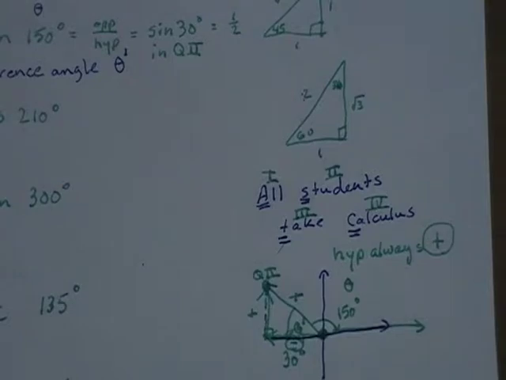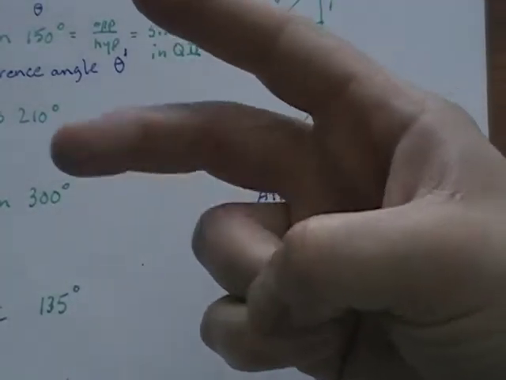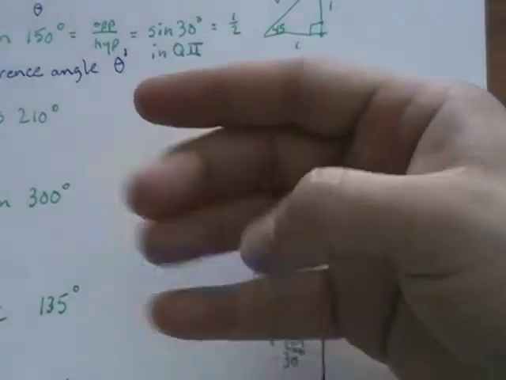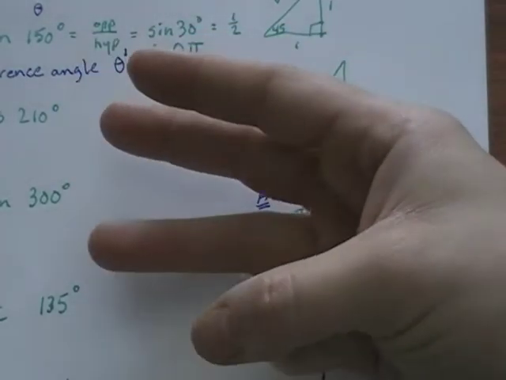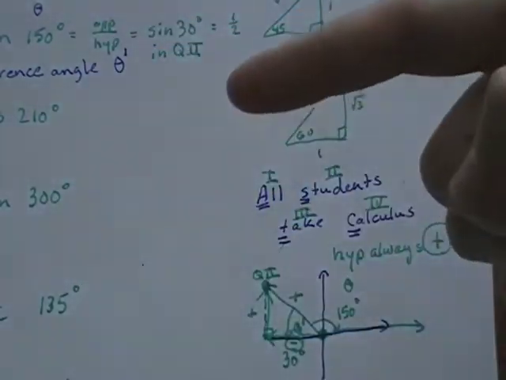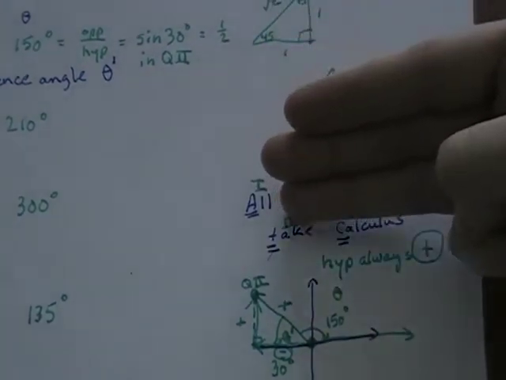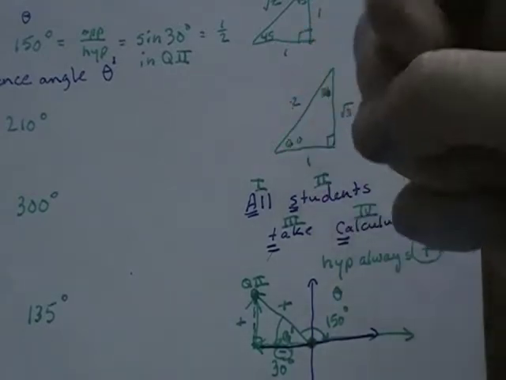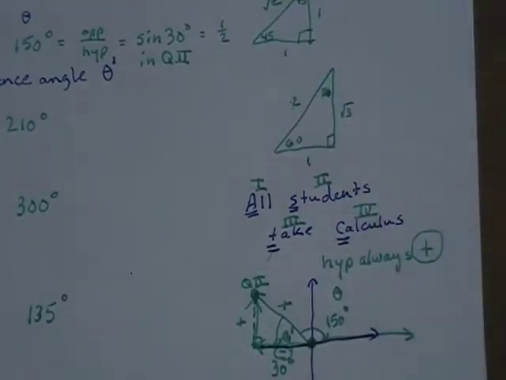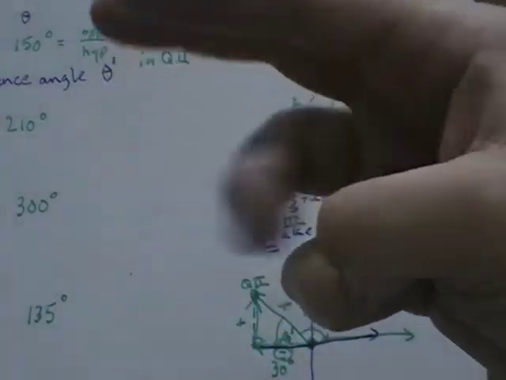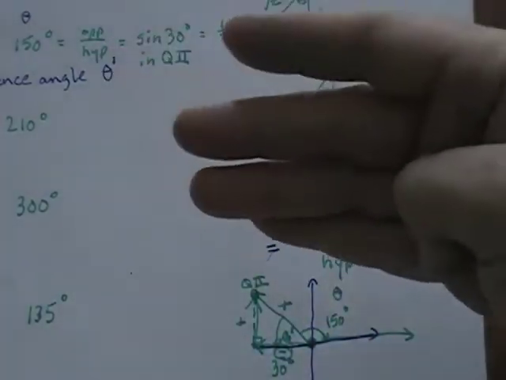And I always tell my students, when you're saying this, you need to hold your hand out and say, all students take calculus. 1, all, 2, sine, 3, tangent, 4, cosine. All students take calculus. I've given tests to students who listen really well and watch them on a test. 1, 2, 3, 4. All students take calculus.